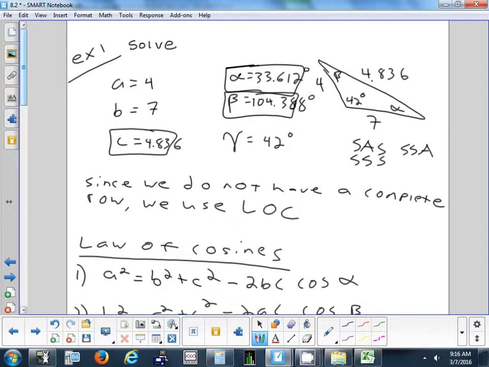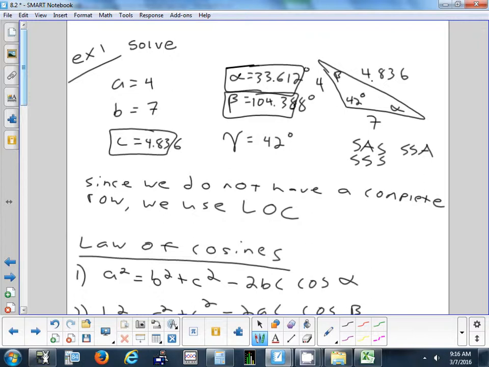Now, what do you think the danger about doing it the way that I just did it was? If you were wrong with either your numbers, you're screwed. If I got alpha wrong, now I just got beta wrong. But since we have to use C for both, C is even more important. If you get C wrong, then alpha and beta are automatically wrong.